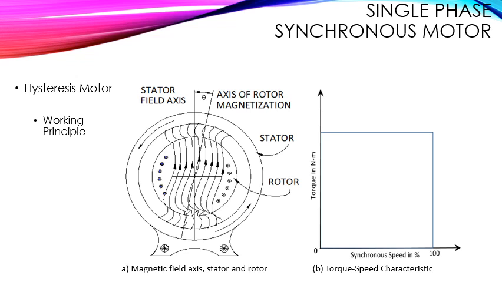The instantaneous magnetic conditions in the air gap and rotor are as shown in figure A. The angle theta is hysteresis dependent and remains constant at all rotor speeds.